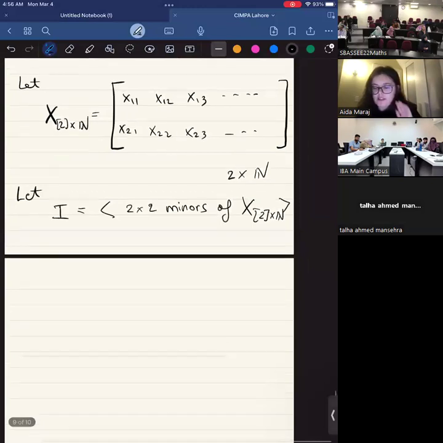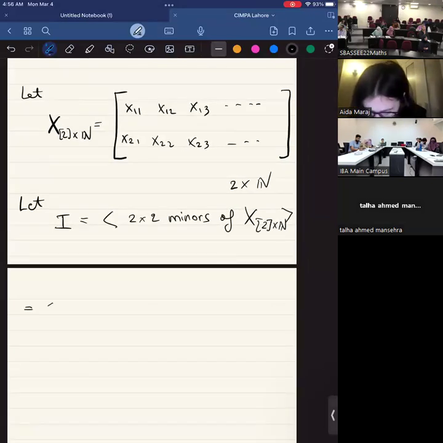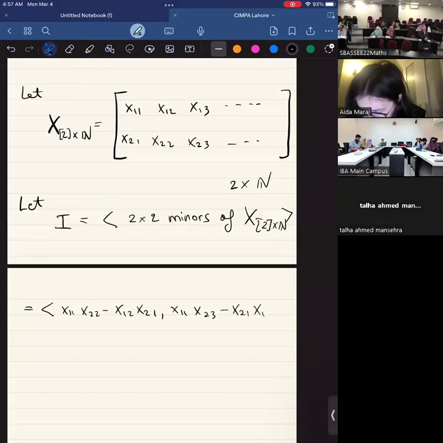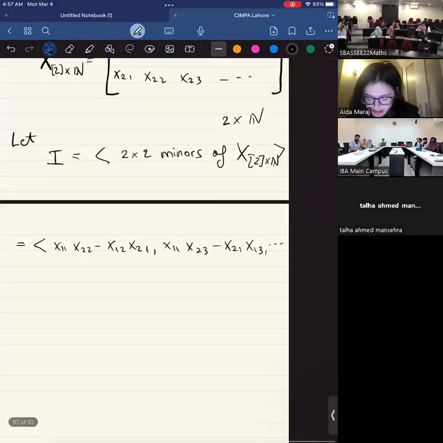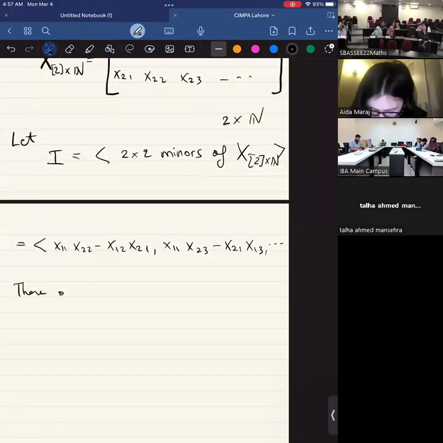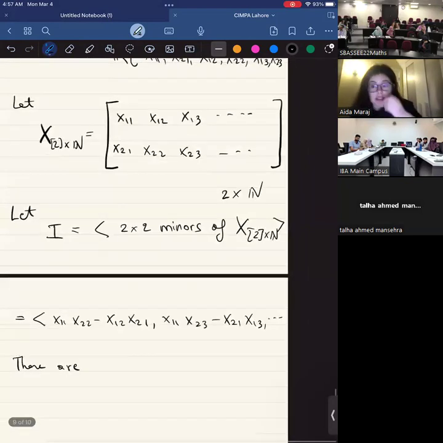And okay, so what would this be? It will be x11 x22 minus x12 x21, x11 x23 minus x21 x13, and so on. So how many generators are there? We just need to choose 2 columns, and they fully determine the minor.